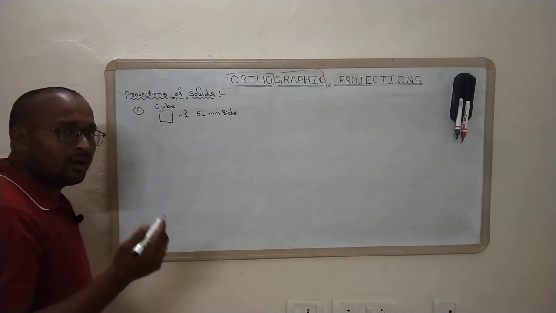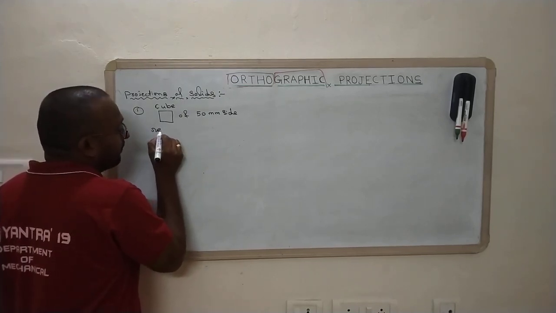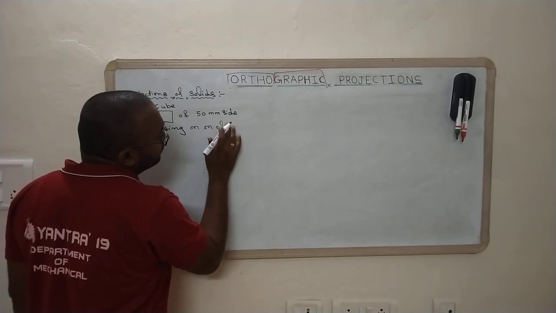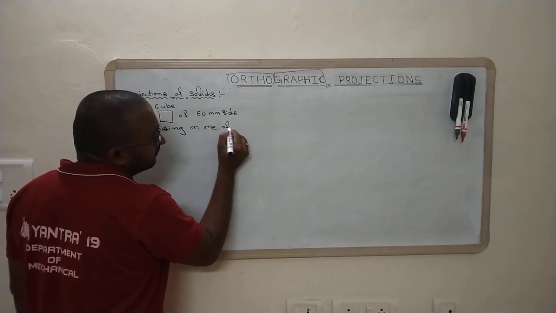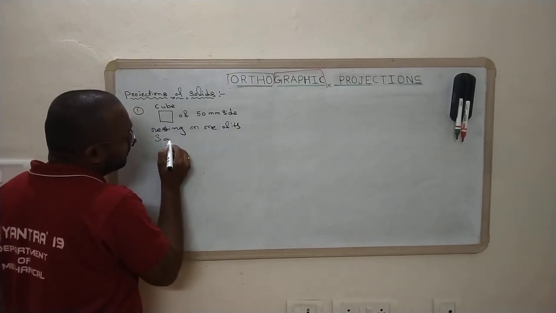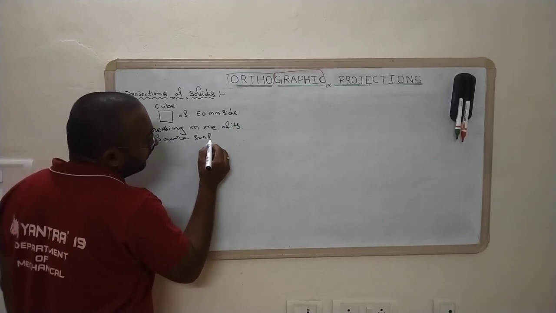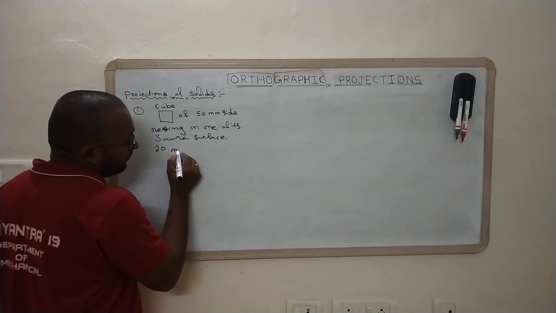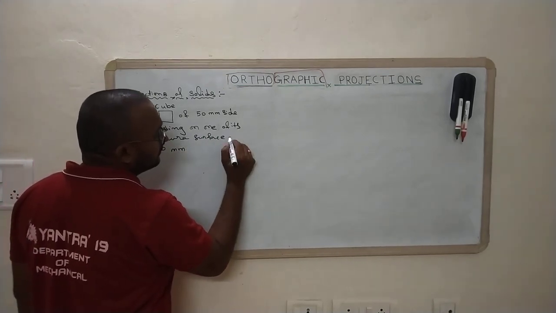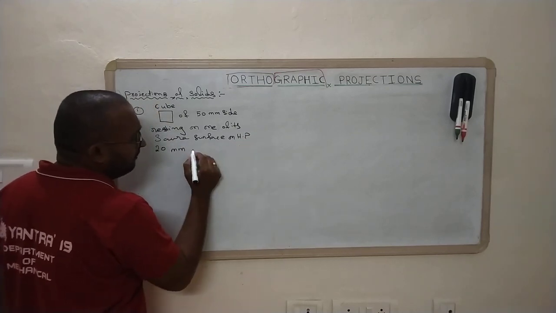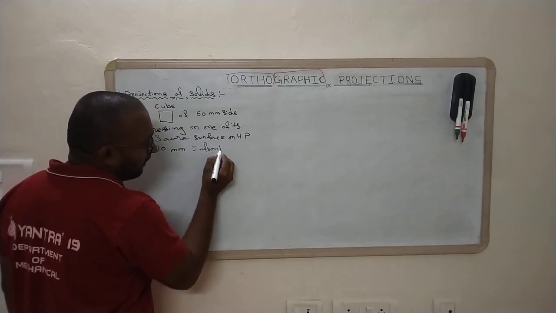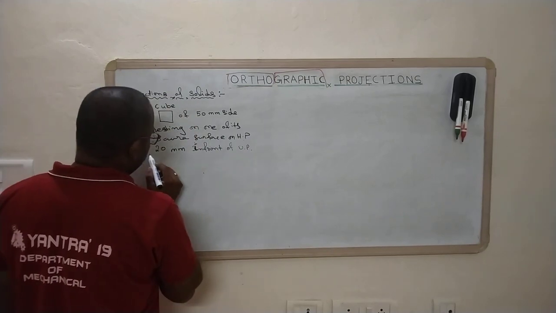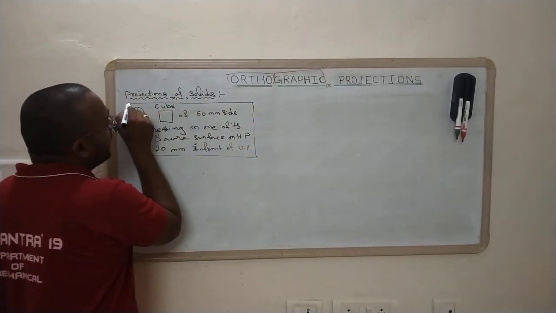That means one of its square surfaces is resting on HP, and 20 mm in front of VP. So this is the problem statement.